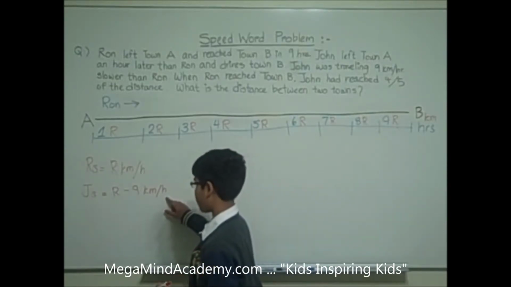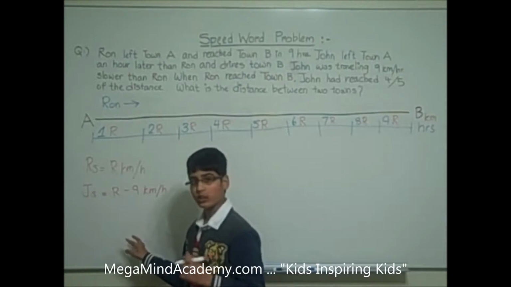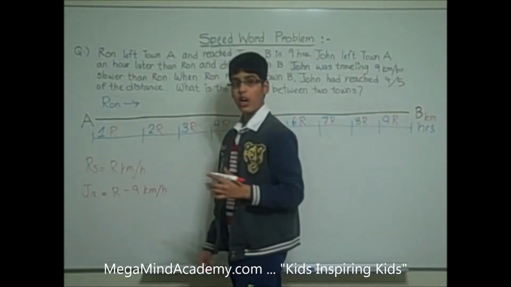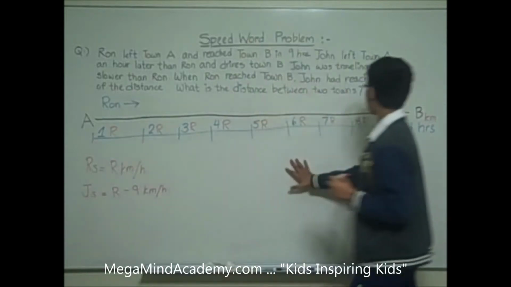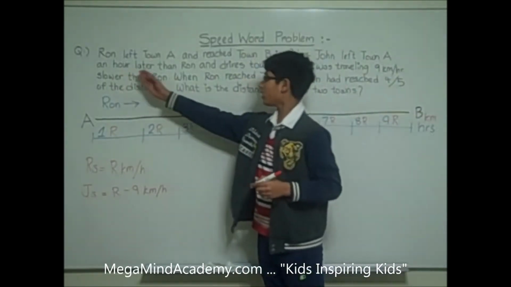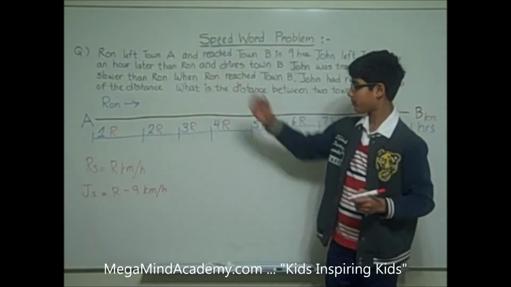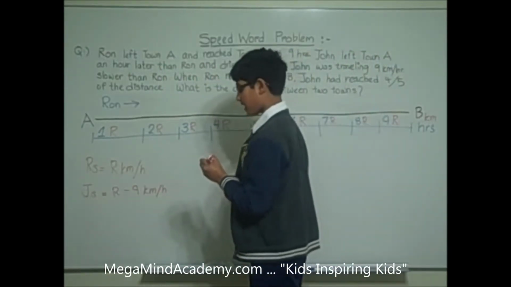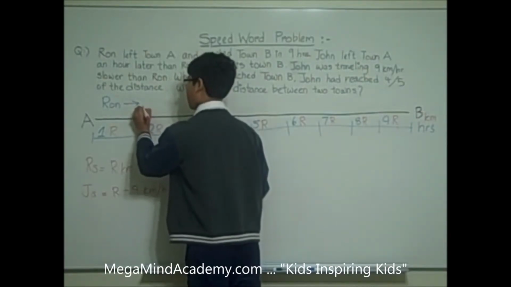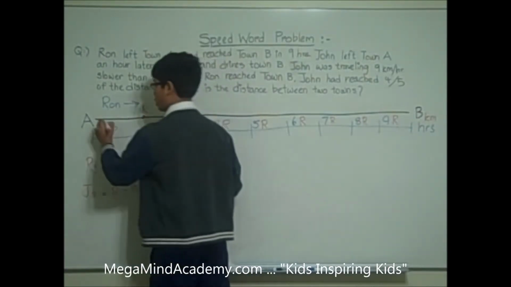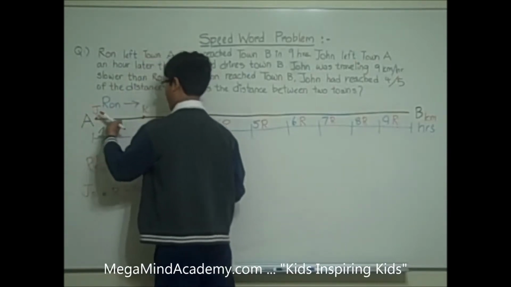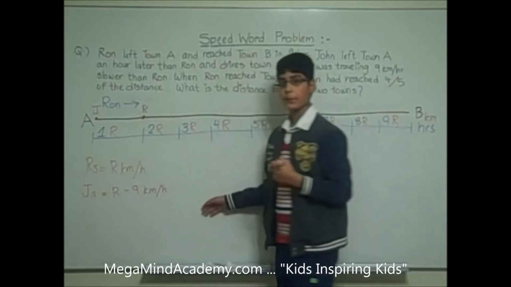Now we also know that John started 1 hour later than Ron. So this means that Ron was right here when John started. J is for John and R is for Ron.